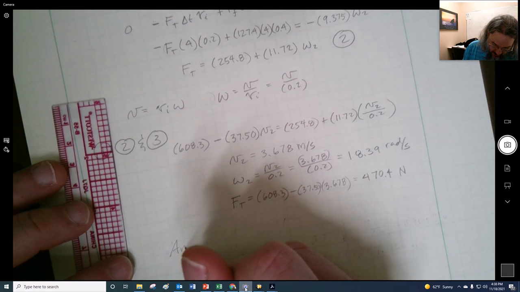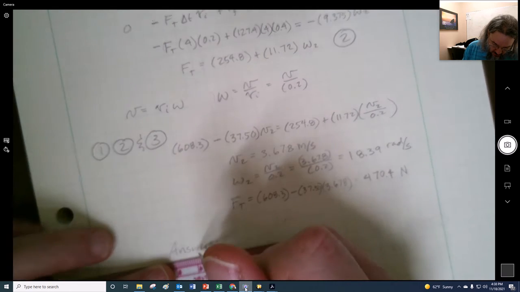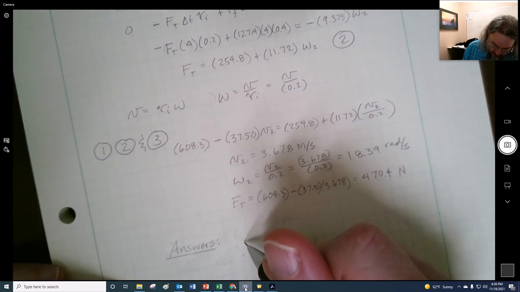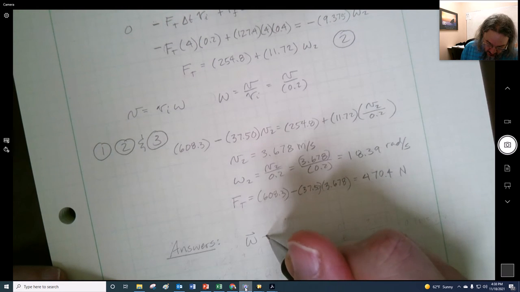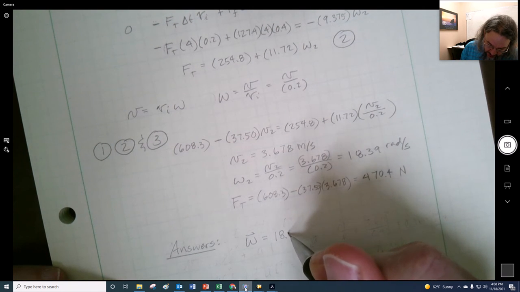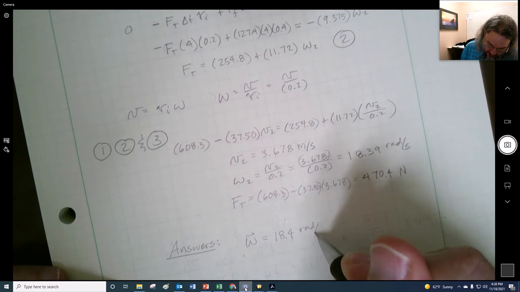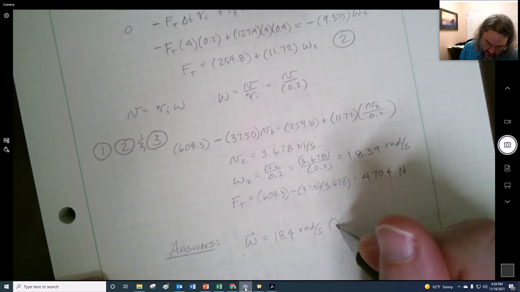So for the answers, what did I ask for? I wanted omega. So omega is 18.4 radians per second, and it is going clockwise.